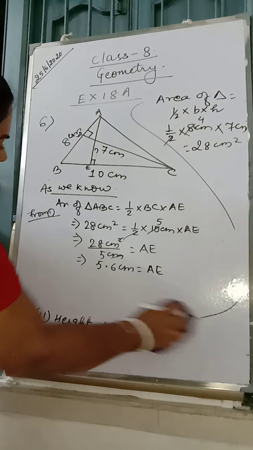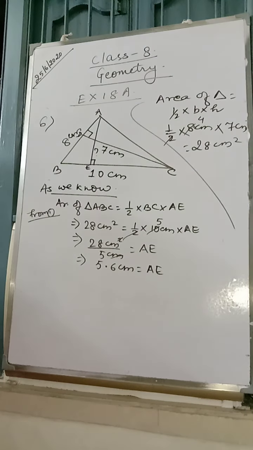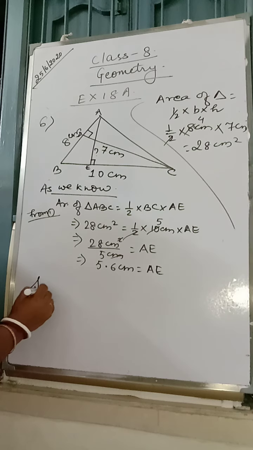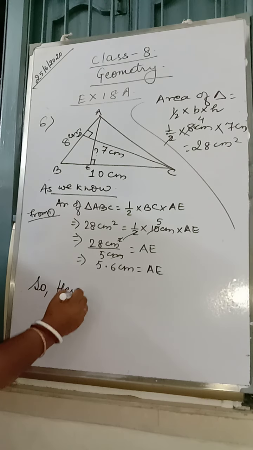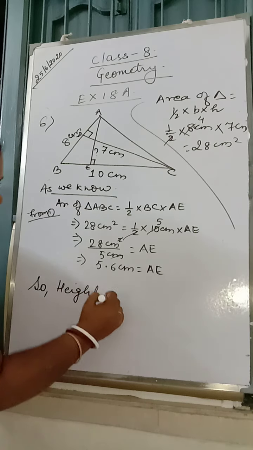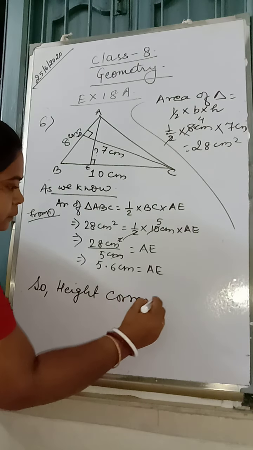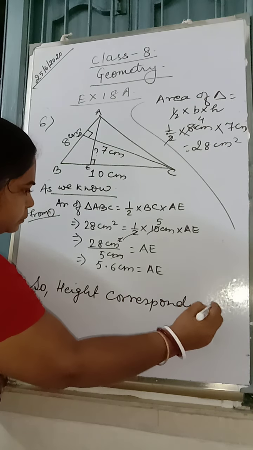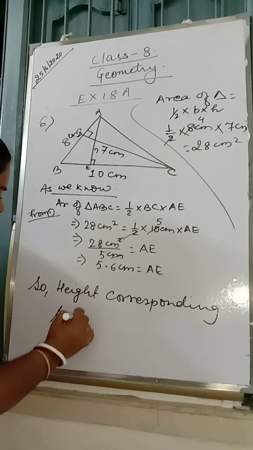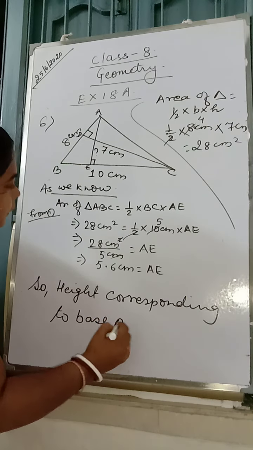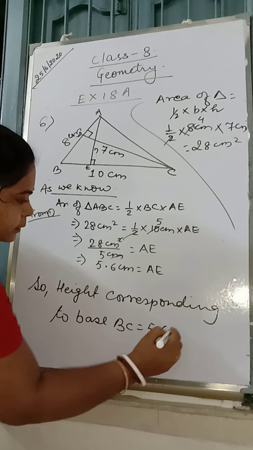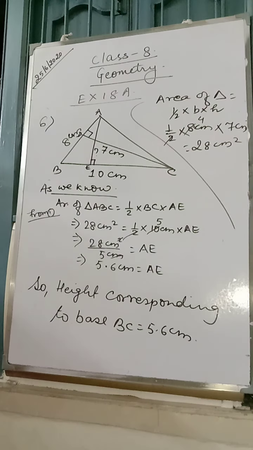So we can write height corresponding to base BC is equal to 5.6 centimeter. Please write it.